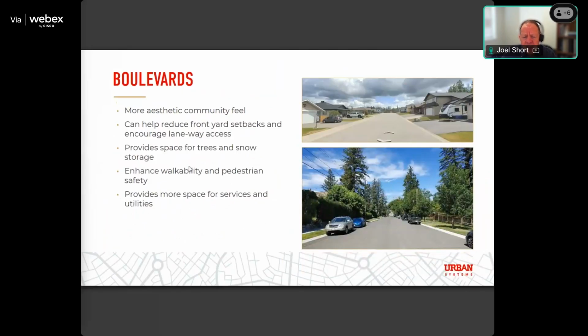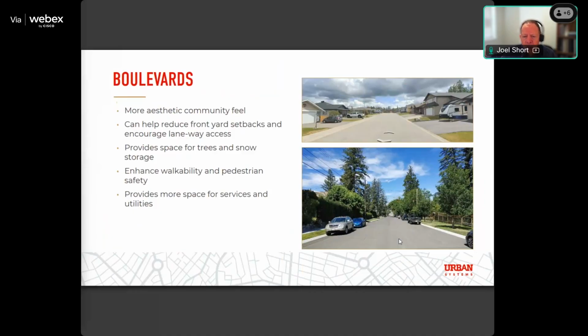And boulevards is another thing. So boulevards can create a more aesthetic community feel. And by boulevard, we're talking about this kind of space between the road and a sidewalk, or between the road and the actual property line, where you can have street trees planted, or you can also provide some room for services and utilities.